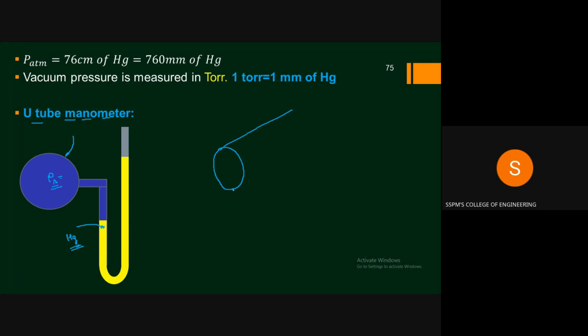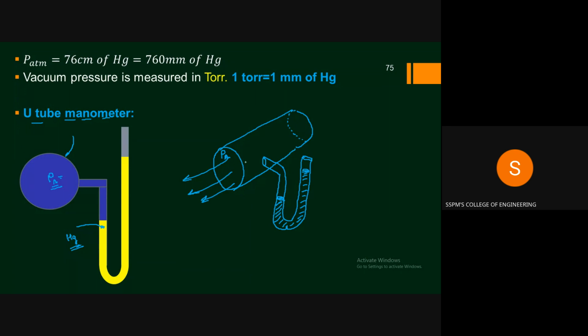In three dimensions, this is the pipe, and there is a fluid which passes through the pipe. This fluid has some pressure, suppose at A. We can measure this pressure by connecting a glass tube like this, and this glass tube contains a heavier fluid, generally mercury.